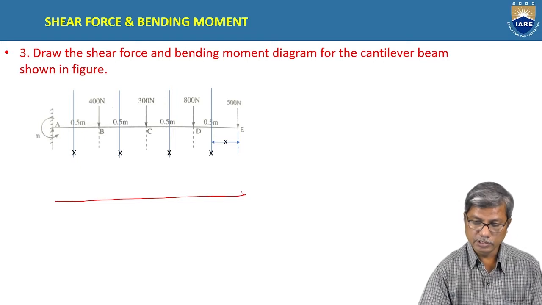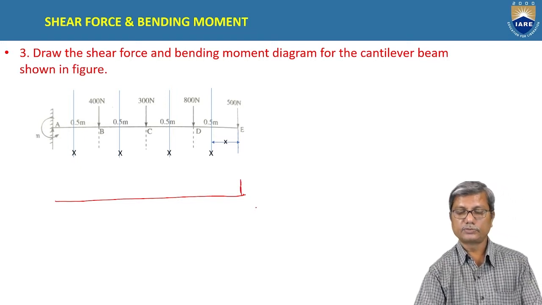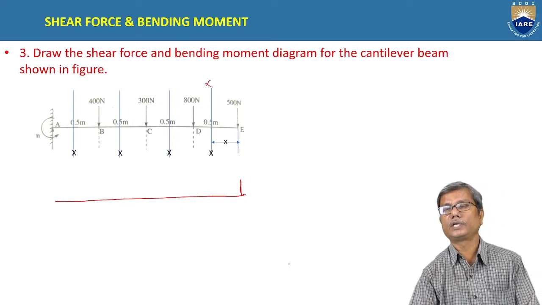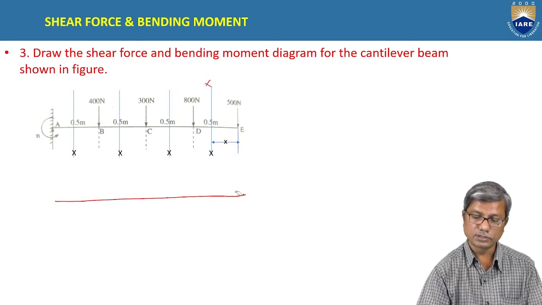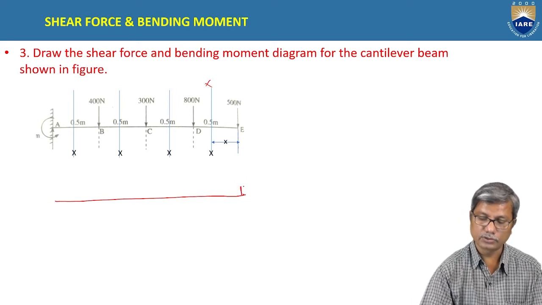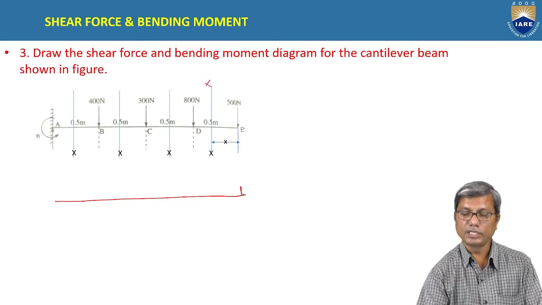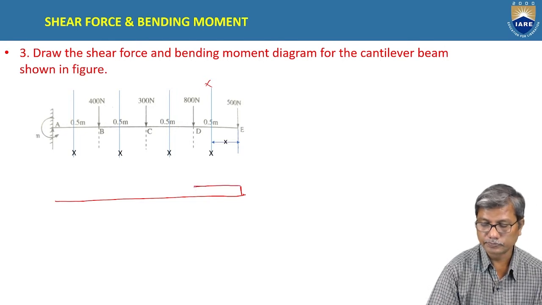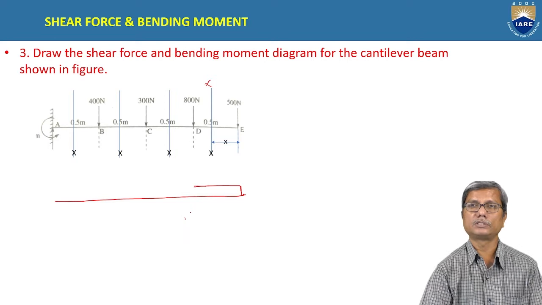So it will be easily drawn. Okay, so the shear force at the section X, considering right hand side, is 500 newtons. That means shear force between D and E remains same. We know that because there is no load, the shear force remains constant.